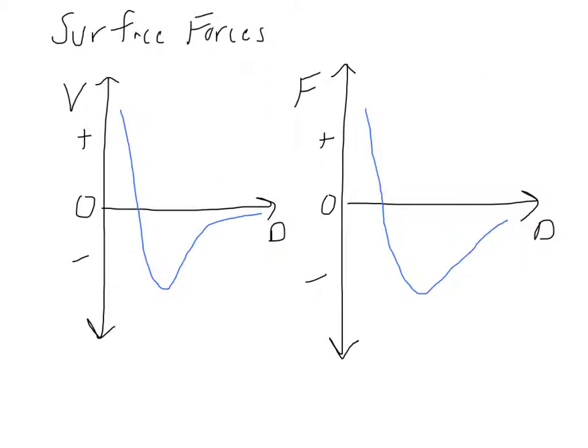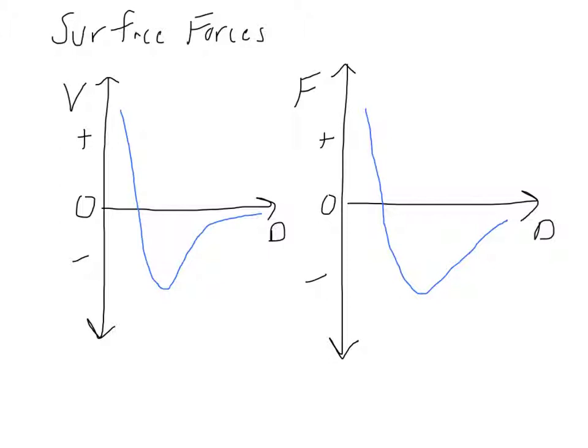Now we need to talk about surface forces. The two surface quantities of particular interest are the potential energy and the actual force, F. They look very similar, but they are somewhat different. Zero is given as the baseline, and we plot against the distance from one particle to another particle.